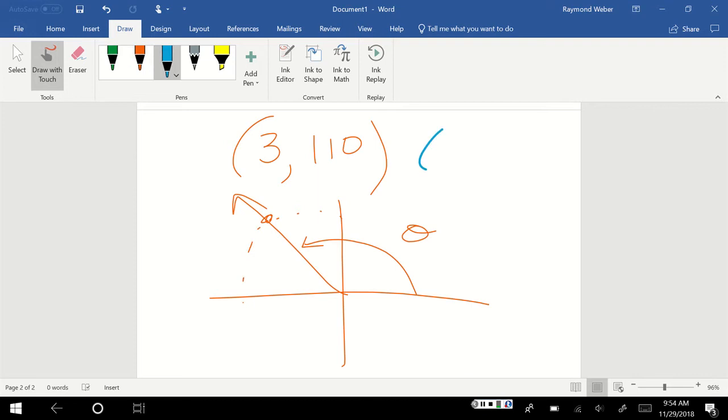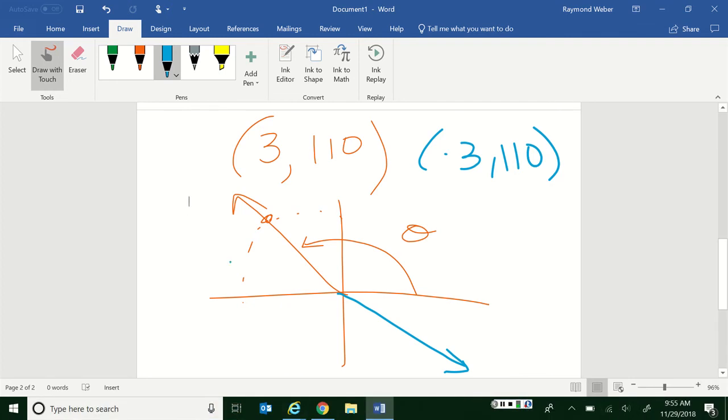Now if all of a sudden they said, well, go (negative 3, 110). Well, now I'm going to go that way. I extend my ray the opposite direction. I'm still that 110 degrees from 0, but now I'm going in the opposite direction on my ray, just not very well lined up. And hopefully that gives you an idea of how to graph these polar coordinates.